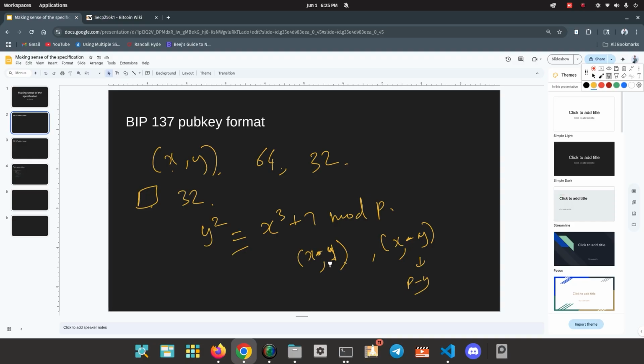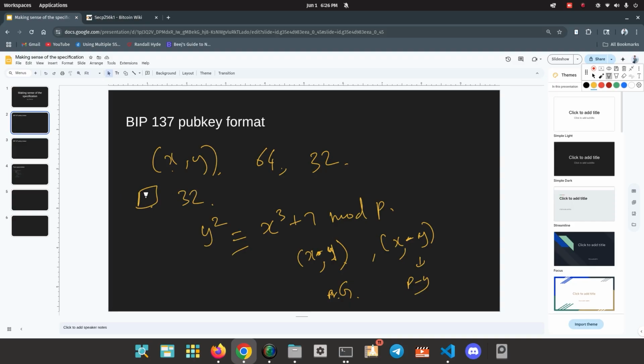But that doesn't mean that both of them are actually generated from the generator point G for the given specific private key. Let me just call it PR, private key. So PR times G could be either x comma y or x comma minus y. The verifier has no way of knowing that.